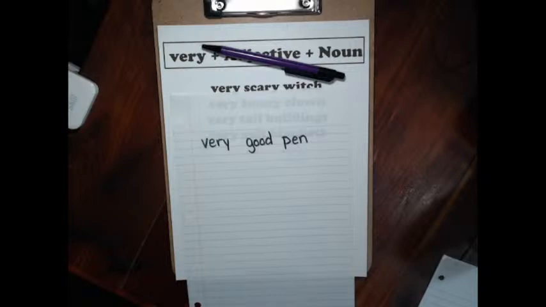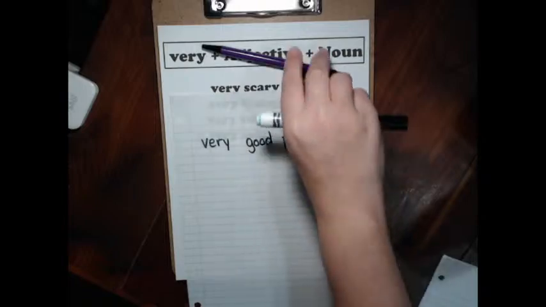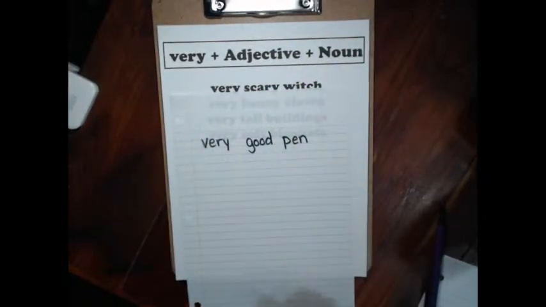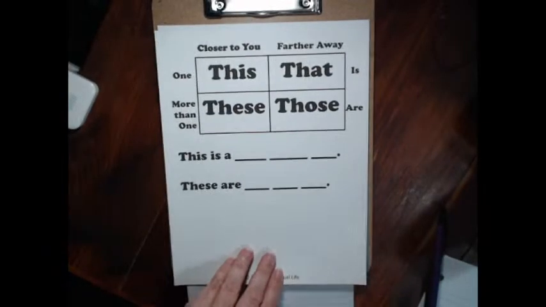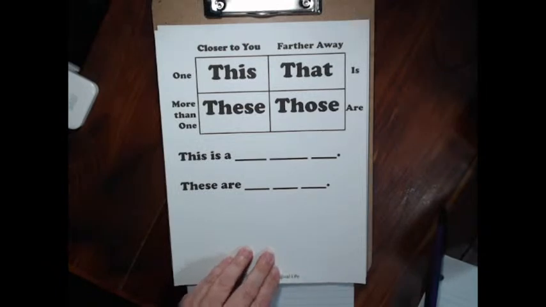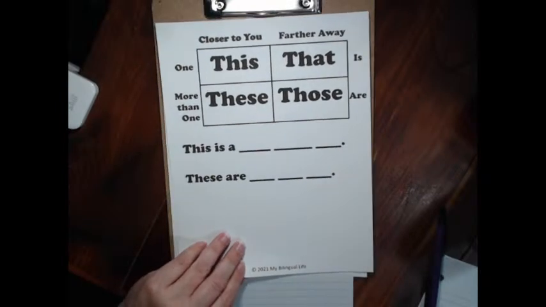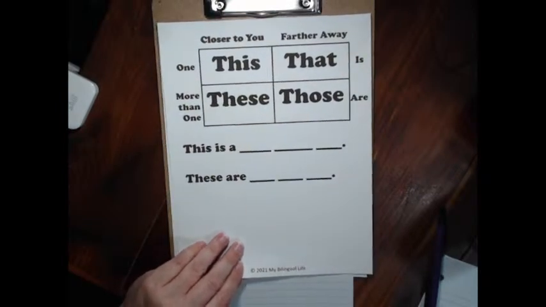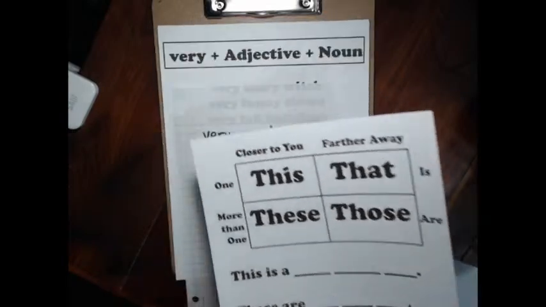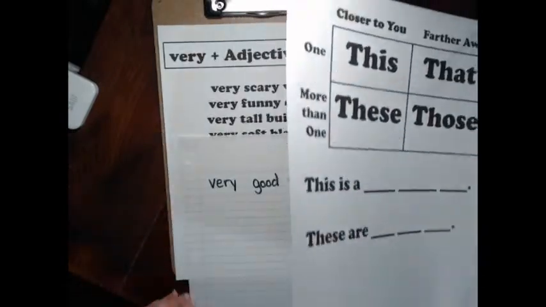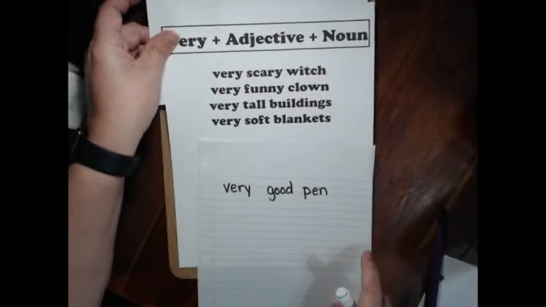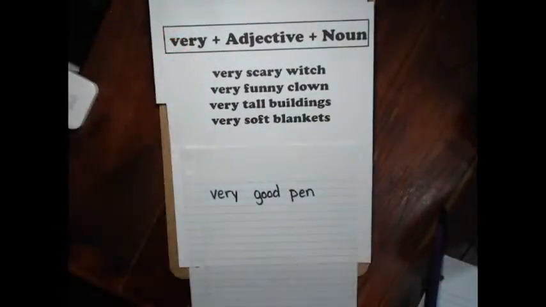Now, let's talk about making that into a full sentence. So remember we talked about this, that, these, and those? We're going to do the same, but we're going to say this is a, or these are. So let's see if we can write these same sentences as a full sentence.